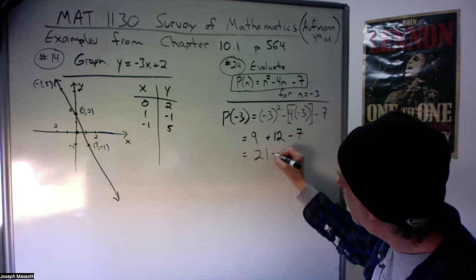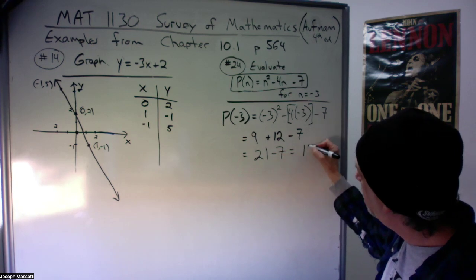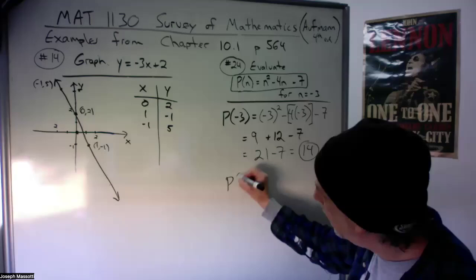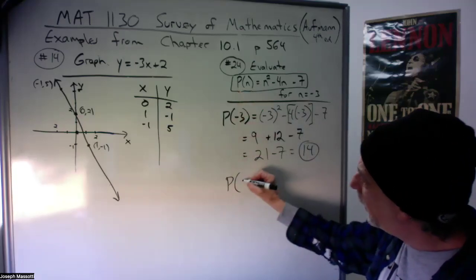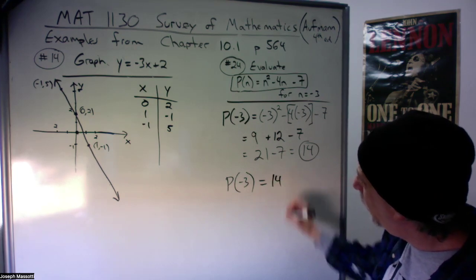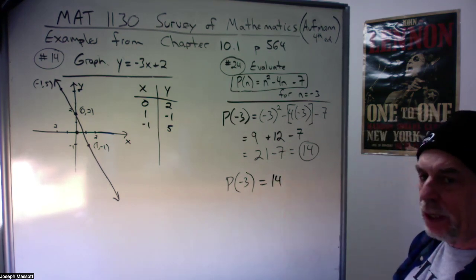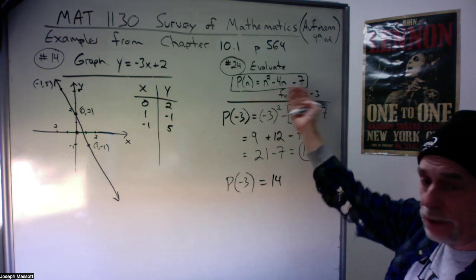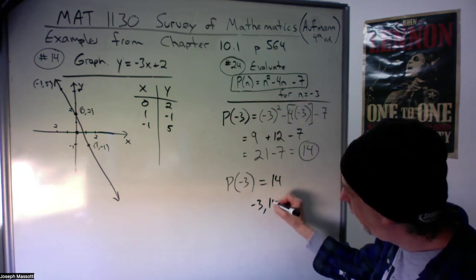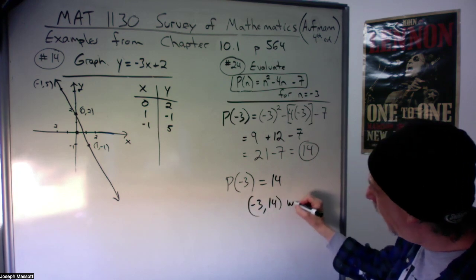We got 21 minus 7, which leaves us with 14. All right, so that tells us that this function P, when evaluated for an input of -3, gives an output of 14. So if we were graphing this function, the point -3, 14 would be on the graph.